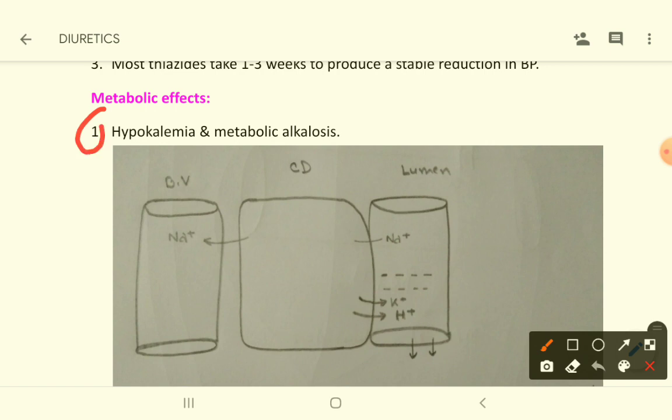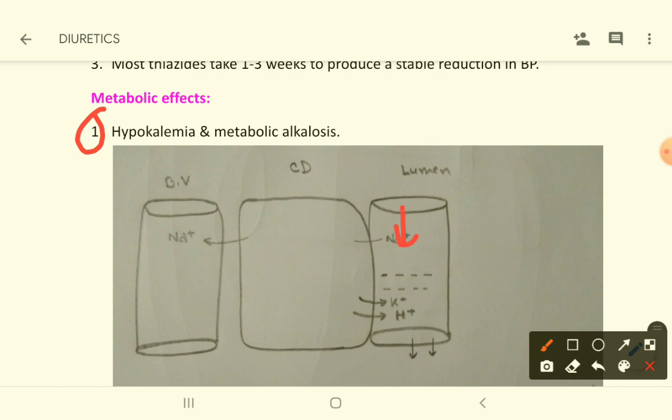Number 1, they cause hypokalemia and metabolic alkalosis. So how do they cause hypokalemia and metabolic alkalosis? You know that from the distal convoluted tubule, sodium reabsorption is prevented, and more sodium is coming into the collecting duct lumen.